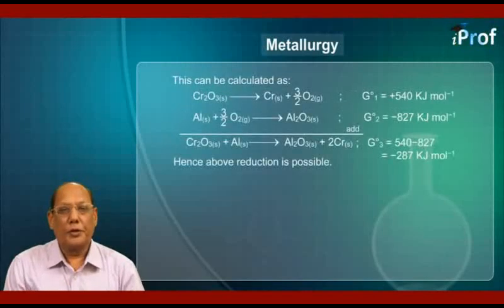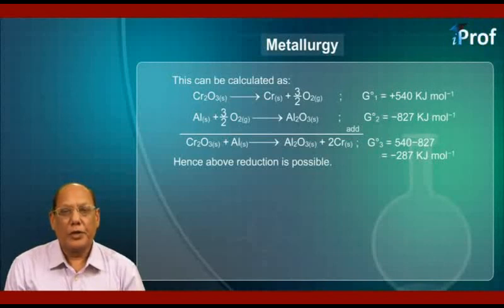This can be calculated as Cr2O3 (solid) changing into Cr (solid) + 3/2 O2 (gas). This is the reverse of step number 1 we had earlier written. Therefore, its ΔG° will be shown as ΔG1°', and its value will be plus 540 kilojoule per mole. Then Al (solid) + 3/2 O2 (gas) gives Al2O3 (solid).